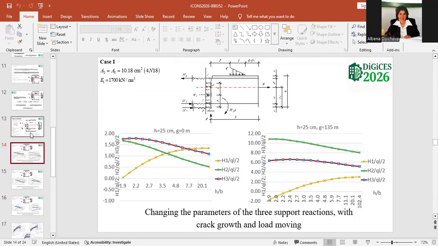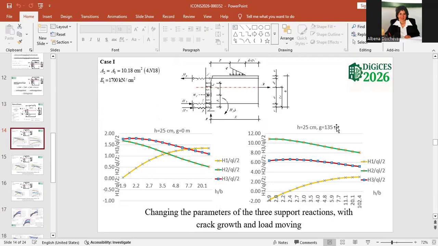The result: in the first, we can see the graphs for normal concrete for the first case, and the first graphs show us the magnitude of H1, H2, and H3 when the load is close to the column. When the load is close to the free end of the beam, then H2 is much bigger.